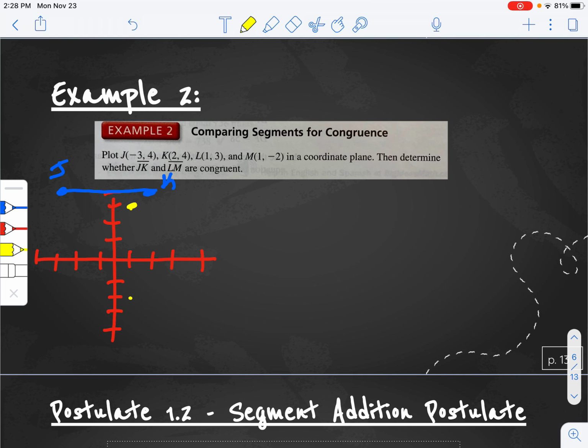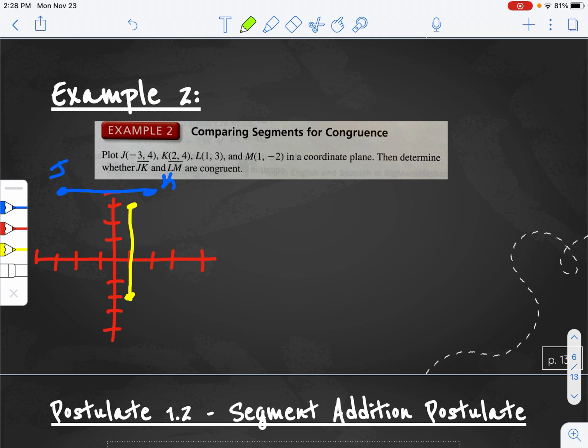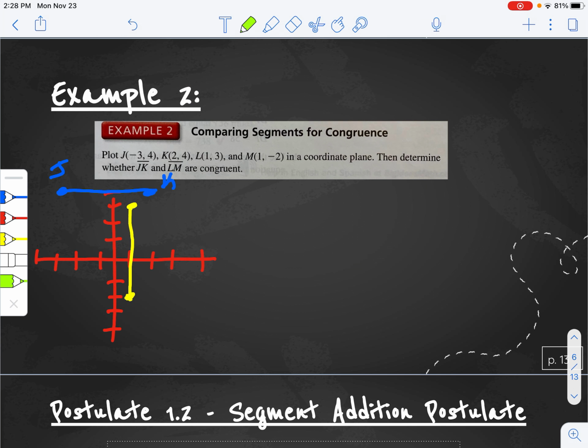And M, which is at 1, -2. And we are looking to see if these segments are congruent. I forgot to label these, so I will do that.